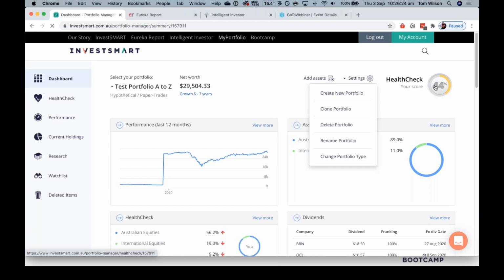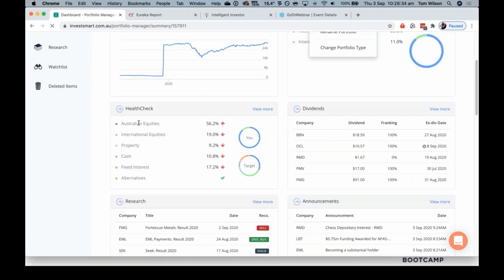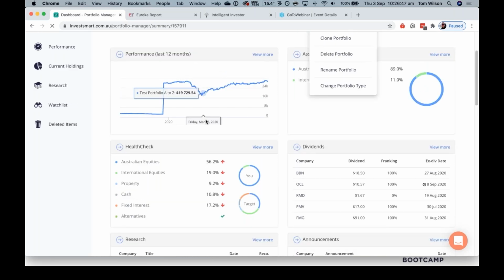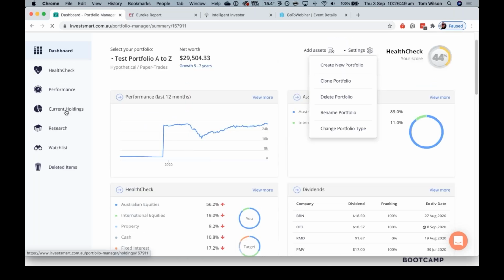And if you've got a lot of your cash, a lot of your wealth tied up in shares, particularly just Australian shares, it would give you a rating here in the health check, and it would let you know that you're overweight or underweight in different asset classes. So this is an example in my hypothetical portfolio here.